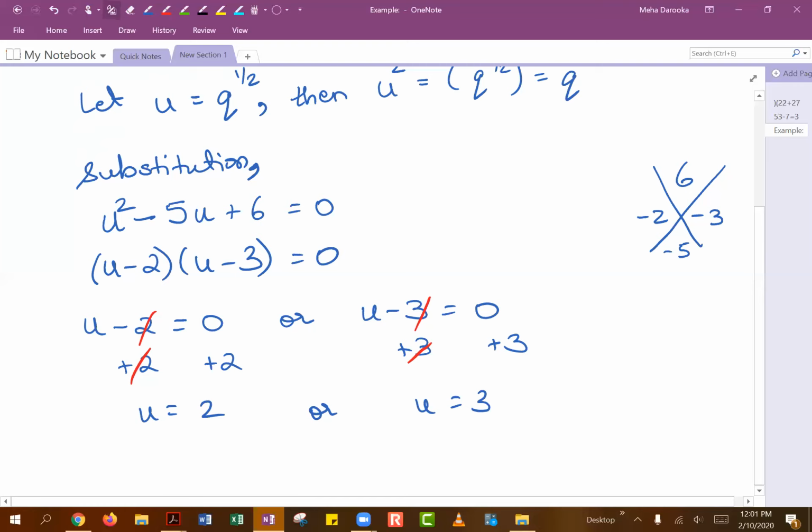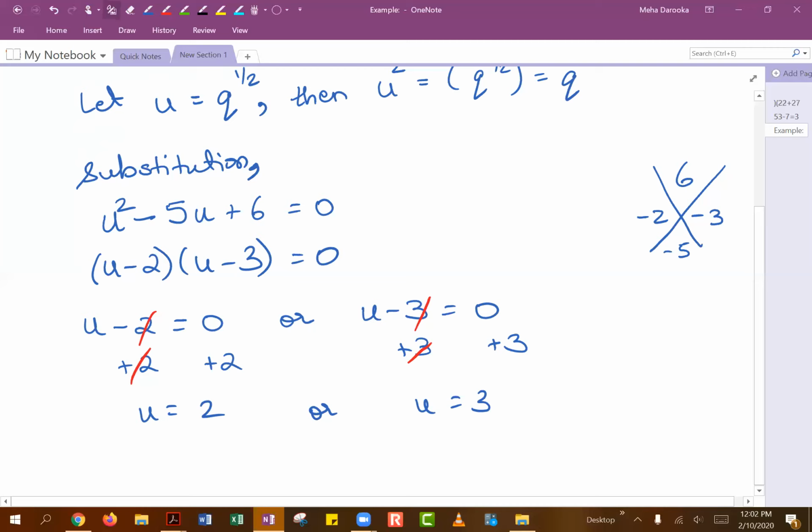Not yet, okay. Okay, so once you got u equals 2 and u equals 3, what do you do?